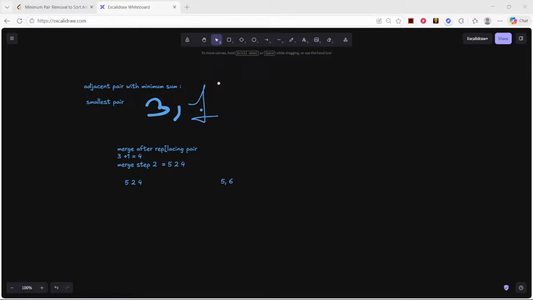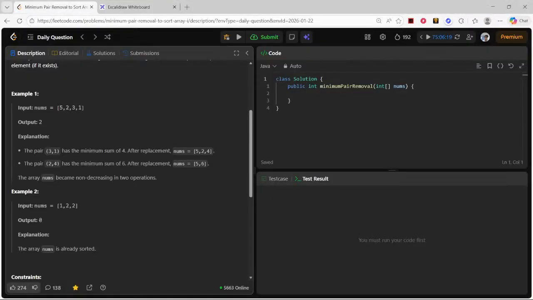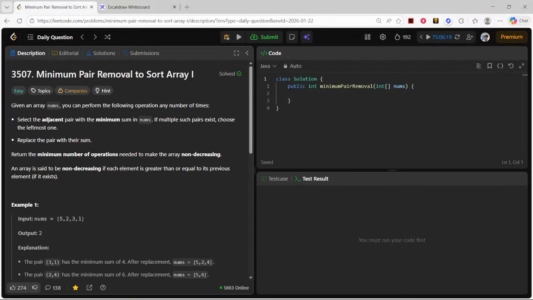So what is the intuition? Our goal is to make the array non-decreasing using the minimum number of operations. In one operation we can remove one adjacent pair and replace it with their sum.